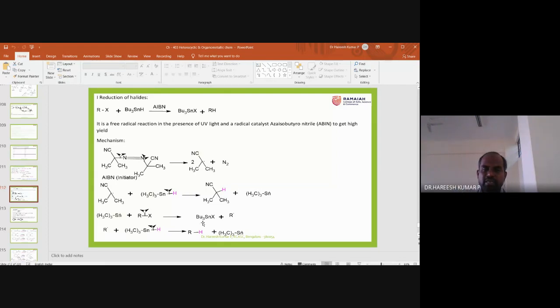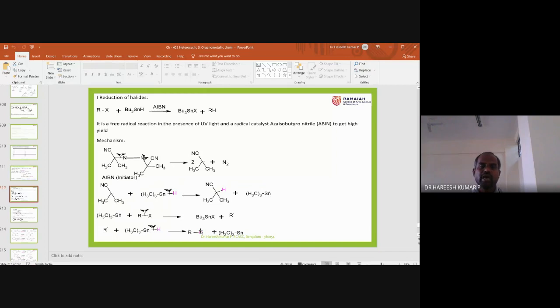So that means tributyl tin halide is a neutral compound, whereas there is formation of a new free radical, the alkyl radical. This alkyl radical reacts with one more equivalent of tributyl tin hydride. Then R is converted into RH.